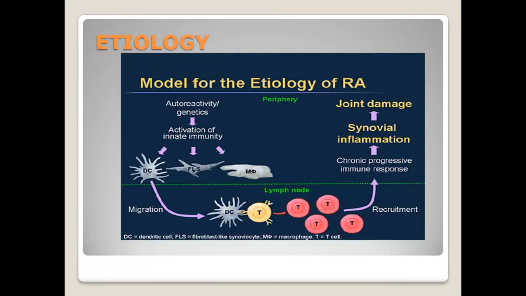There will be migration into the lymph nodes where there will be production of T lymphocytes. Now these T cells will cause a chronic progressive immune response, with production of B cells and T cells, which leads to synovial inflammation and joint damage.